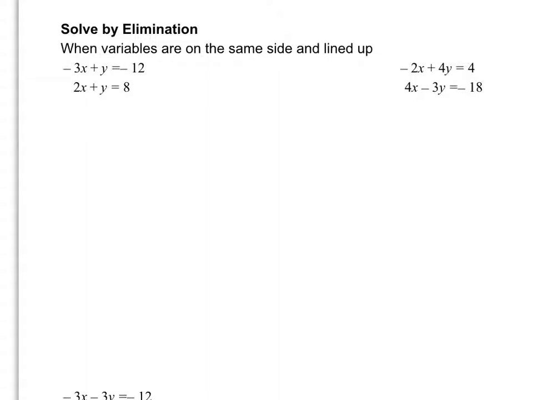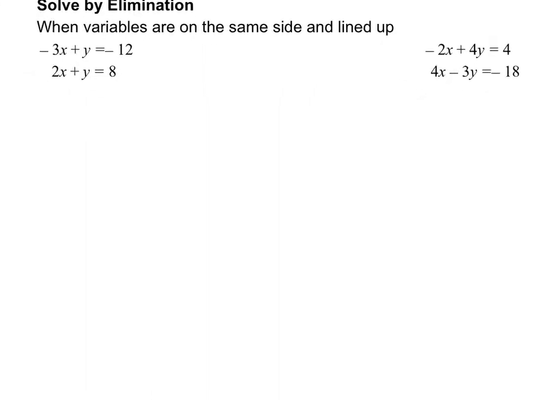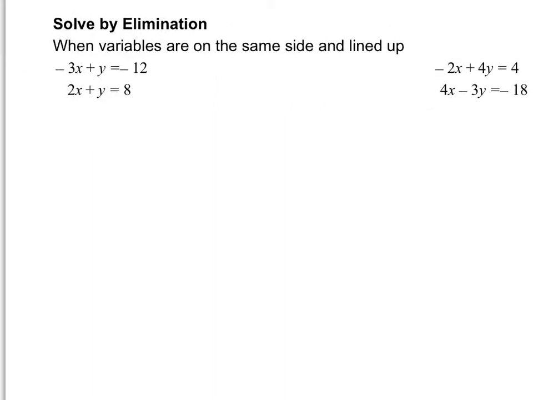The next type of solution method we did was elimination. We want to do elimination when both variables are on the same side and they're nice and lined up. The first thing I want to do with elimination is look and see if one of my variables has the same coefficient. So I'm going to look at my x's real quick. Are those the same number? No. Look at your y's.